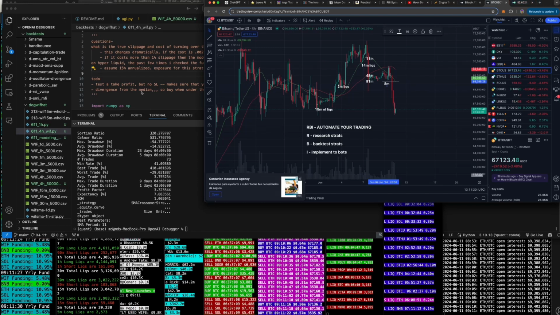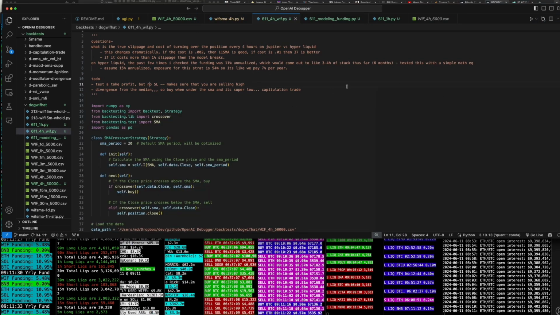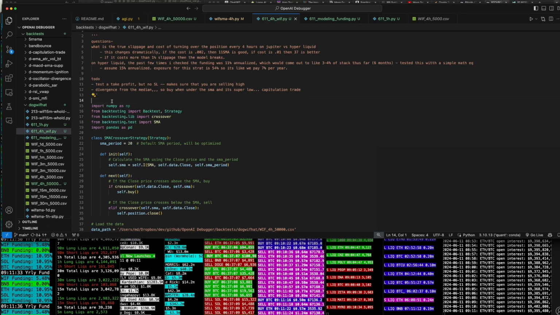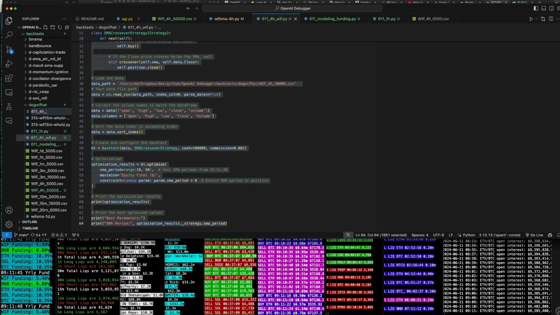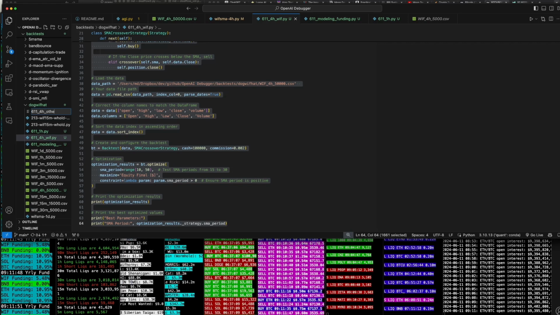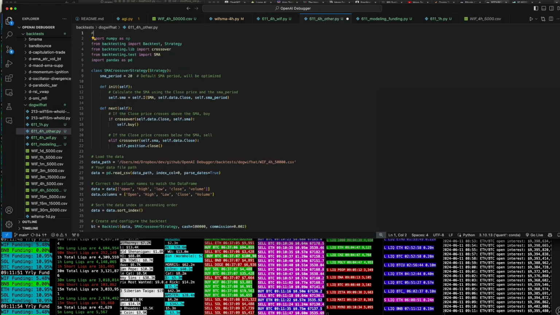Let's go ahead and now test out a different symbol here, just a little robustness testing.